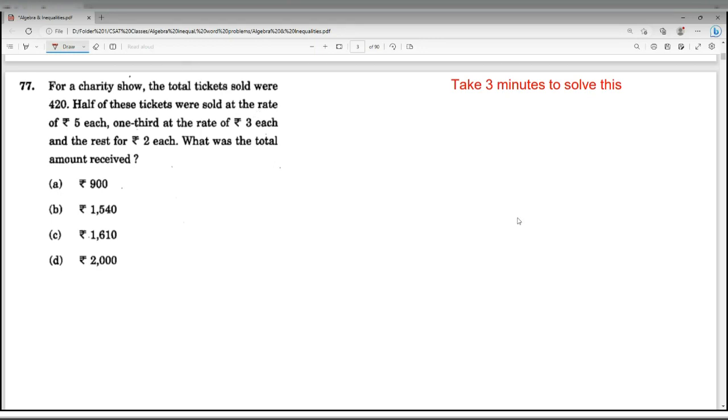They are saying that for a charity show, the total tickets sold were 420. Half of these tickets were sold at the rate of 5 each, 1/3 at the rate of 3 each, and the rest for 2 each.